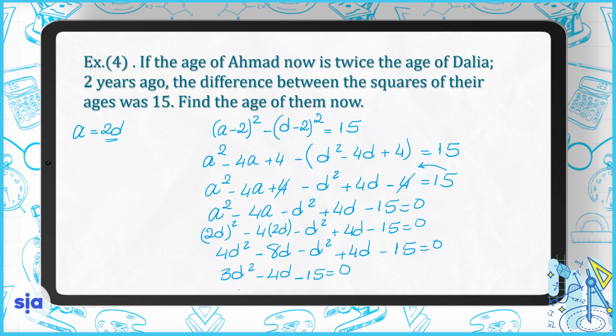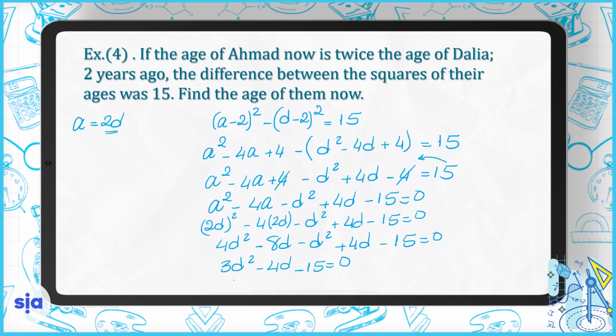If you factorize this with the normal factorization, it will end up as 3d plus 5 times d minus 3 equals 0. Then d can be equal to negative 5 over 3 and d can be equal to 3.